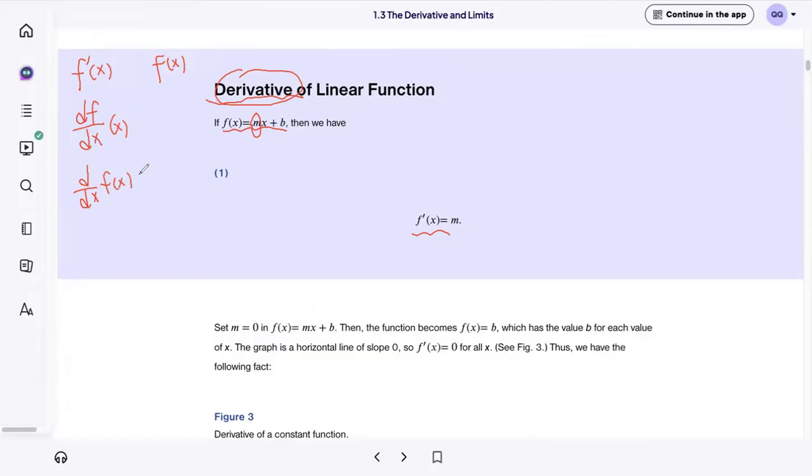Just notation. So all these three mean the derivative of a function. In a linear function, the derivative f prime of x just equals m, or we can write it as df/dx of x, or d/dx f of x. So the three notations are equivalent.